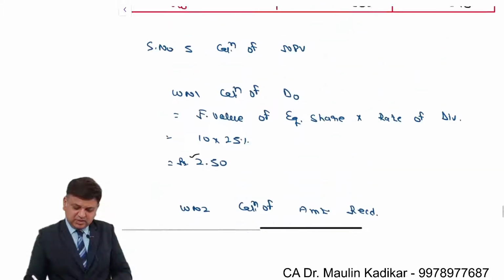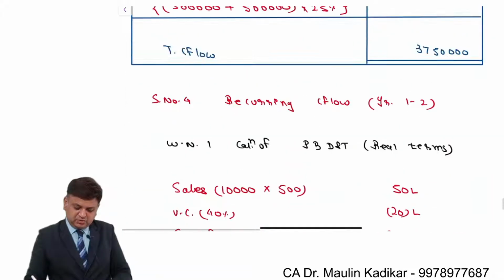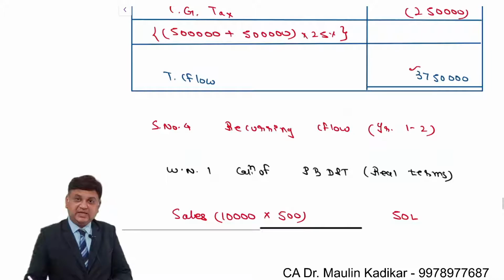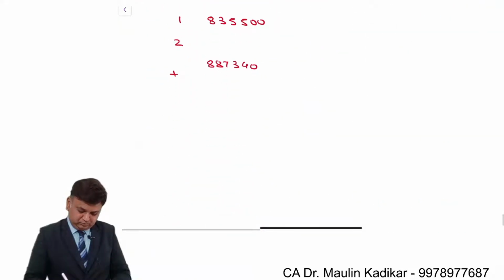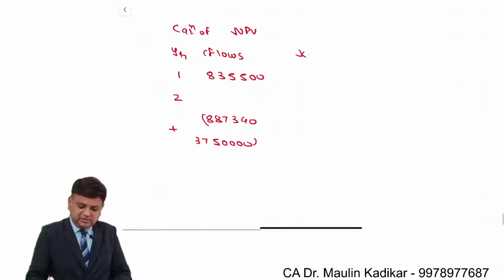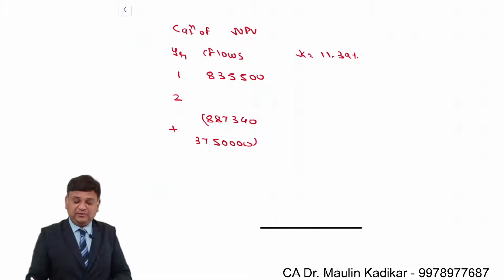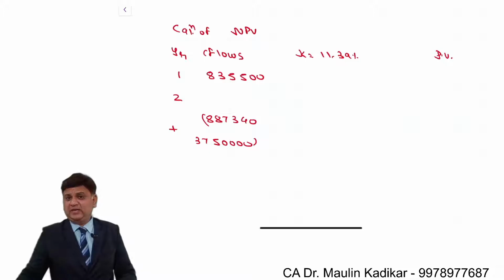Plus the amount of the terminal cash flow. It is 37,50,000. It will be discounted at foreign currency adjusted cost of capital 11.39%. Present value, and based on that NPV will be found, taking investment as 45 lakhs.